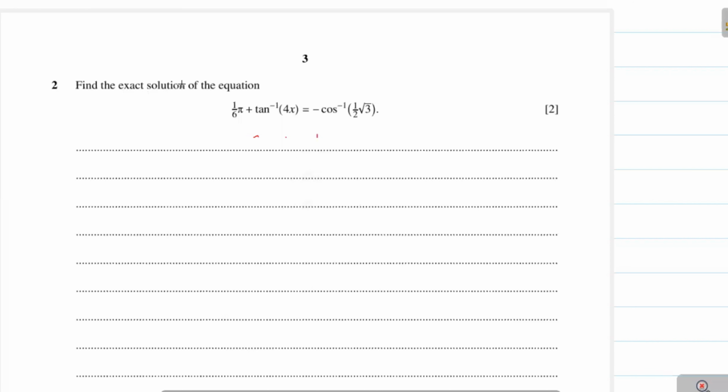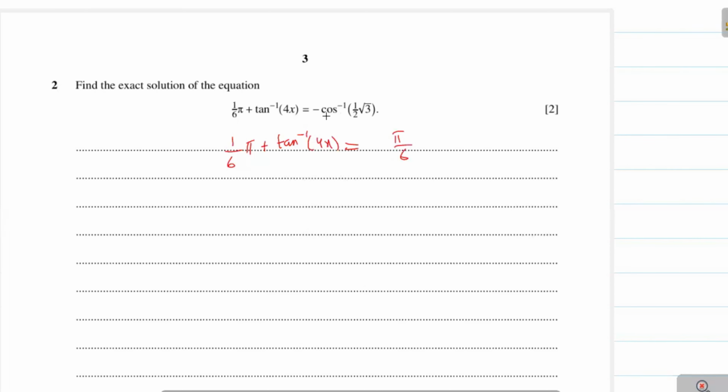Question number 2. Find the exact solution of the equation pi over 6 plus tan inverse 4x equal to minus cos inverse square root 3 over 2. Now we write this equation with pi over 6 as it is, plus tan inverse 4x as it is. Now we take cos inverse of root 3 over 2, that's equal to pi over 6.